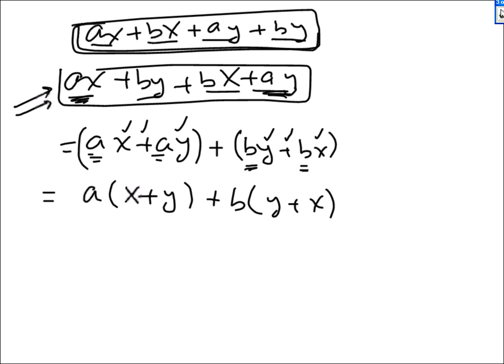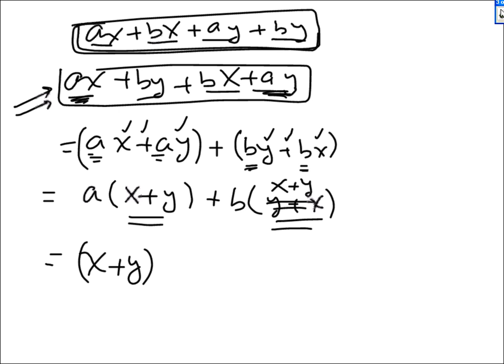And you say, well, these don't look like one another. Oh yeah, addition commutes. Y plus X, that's the same as X plus Y. In fact, they are the same. So you factor it out, and you're left with A plus B in the next bracket.